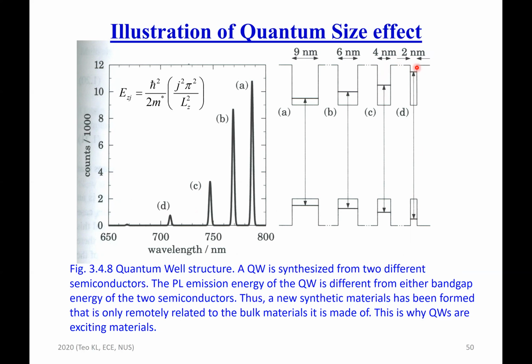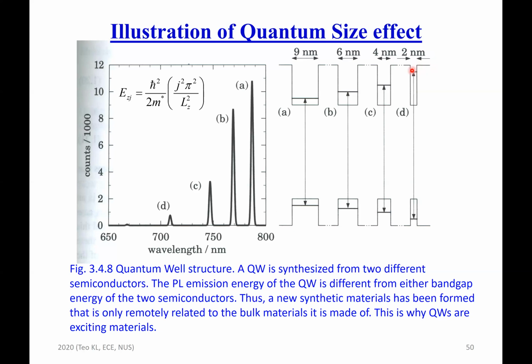As you reduce further, to 2 nanometer or a smaller value, which means that your well width tends to 0, which means there's no well width, then the whole quantum well will recover to become a bulk semiconductor.